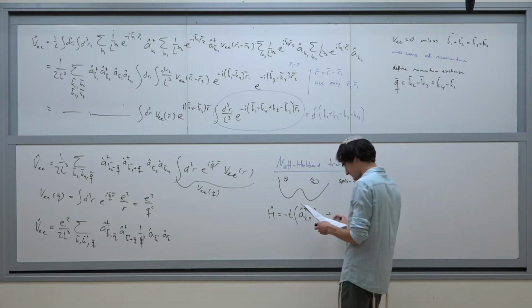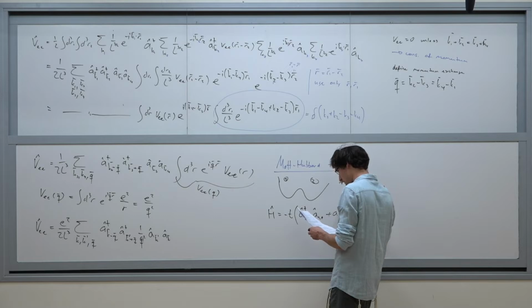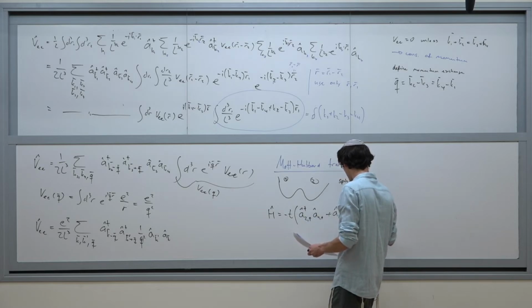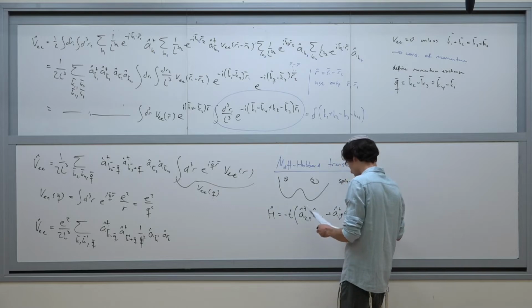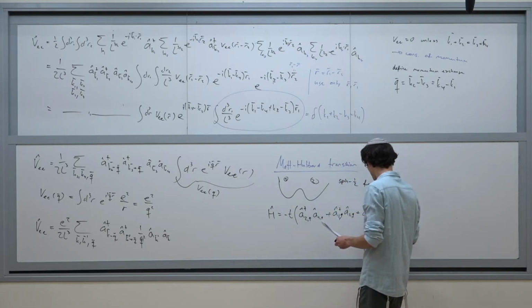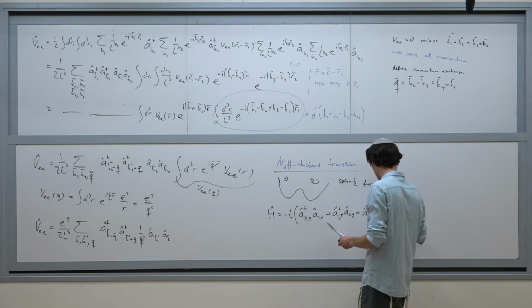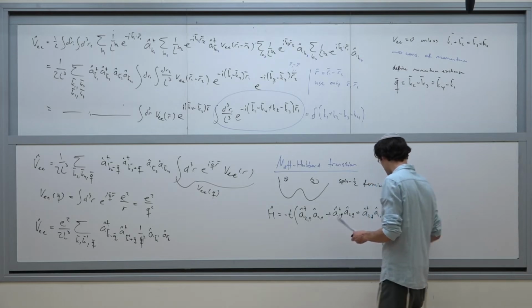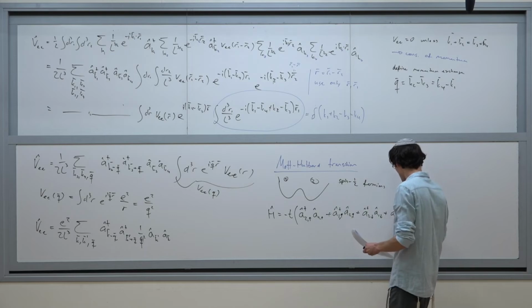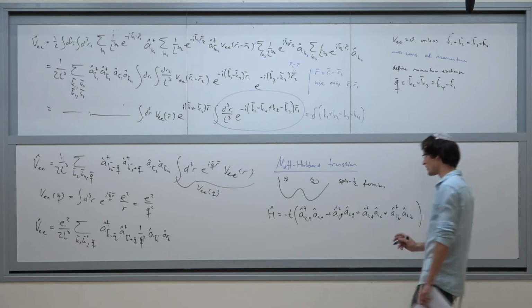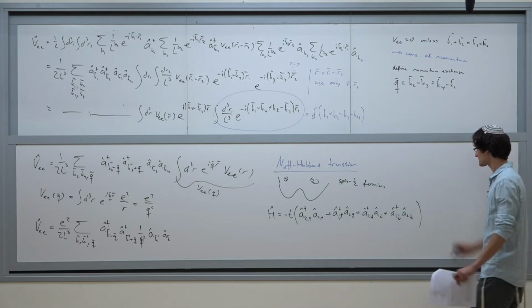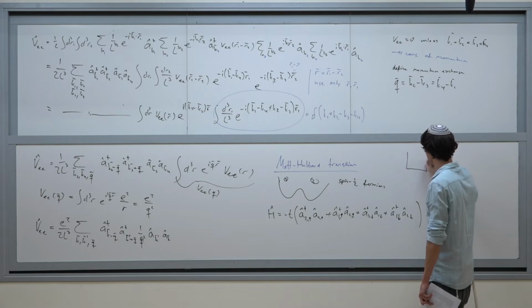So there's this term, there's A1 dagger up, A2 up, plus A2 dagger down, A1 down, plus A1 down dagger A2 down. These are all the hopping terms. So these are your two sides.